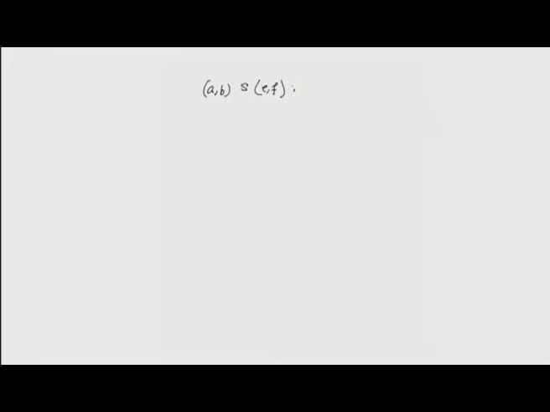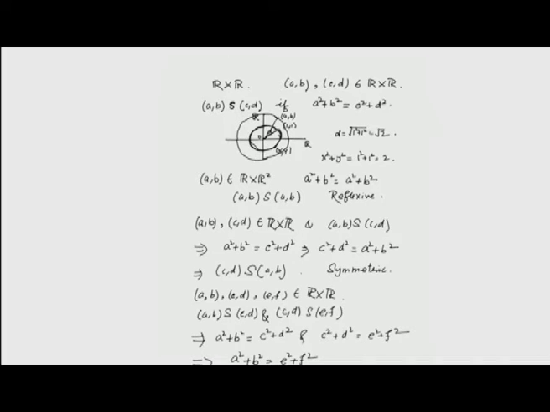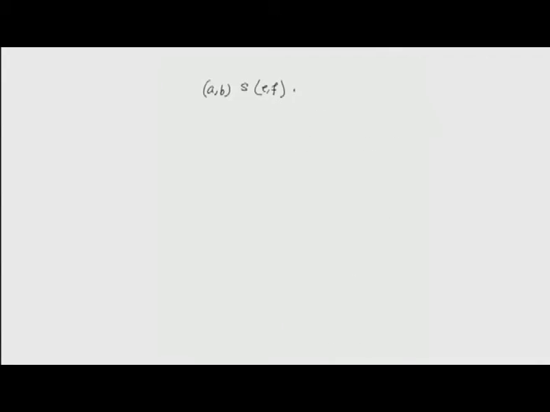Just let us go back. We had here a square plus b square equal to e square plus f square. That means we now have (a, b) is related to (e, f). This means that the relation S is transitive.